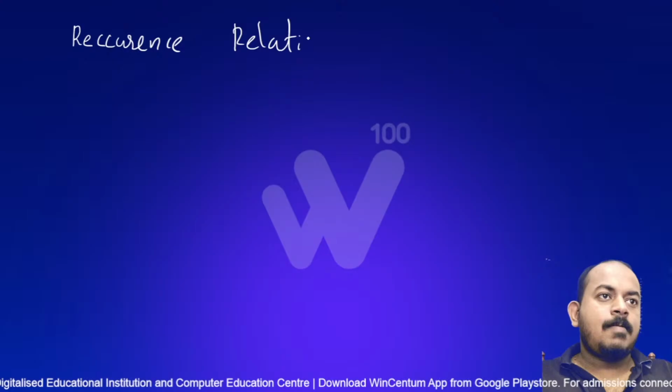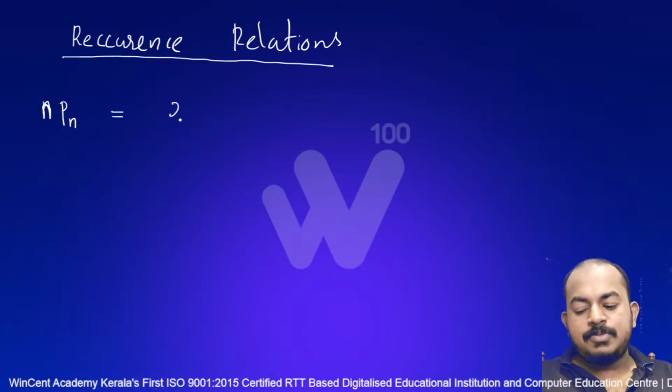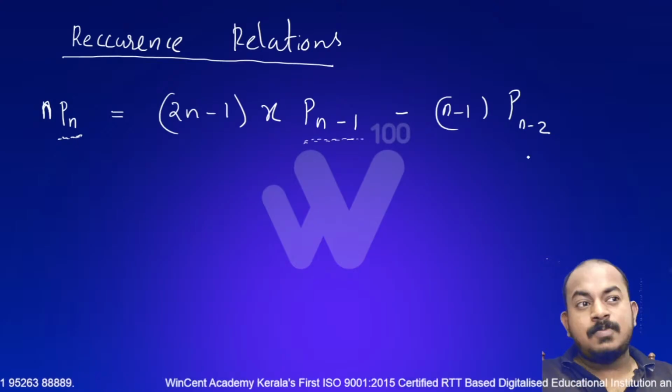From the recurrence relation, we can find Legendre's differential equation, and the first recurrence relation is n times Pn equals (2n minus 1) times x into Pn minus 1 minus (n minus 1) times Pn minus 2. So this is Legendre's function of nth order, this is of n minus 1th order, and this is of n minus 2th order.